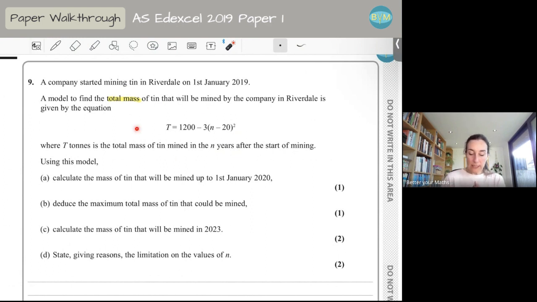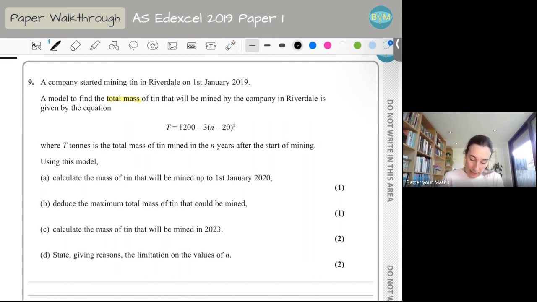So this function is giving us the amount of tin mined since 2019. It's cumulative. It's not the amount in 1 year, it's what they have been mining from 2019 up to wherever you are calculating.